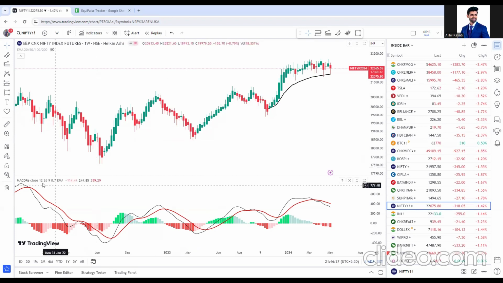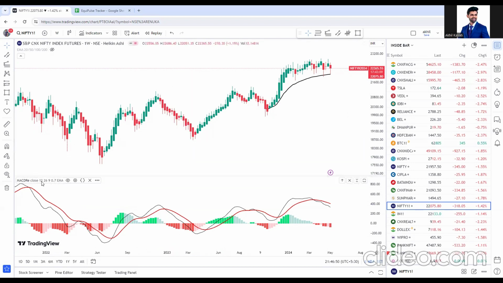As part of the same, below here you see an indicator known as MACD. This is a famous indicator, discovered way long back by one of the American scientists. What does it tell you? MACD stands for moving average convergence and divergence.